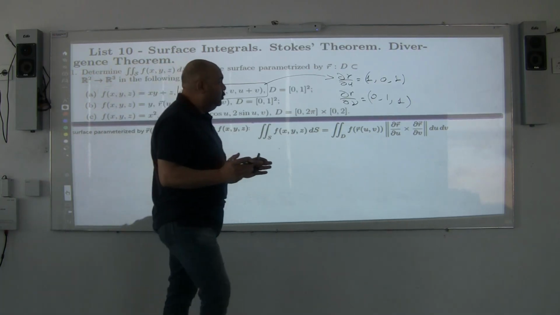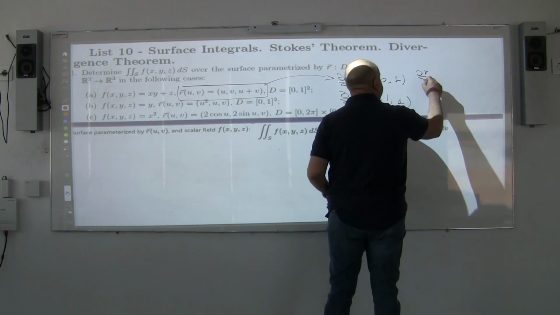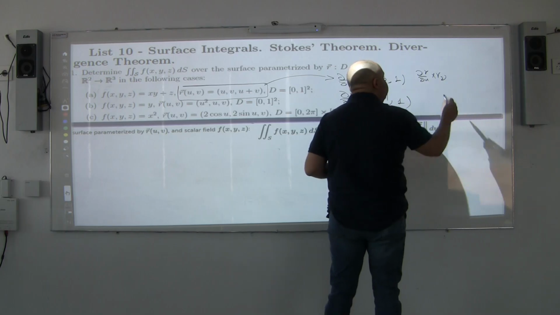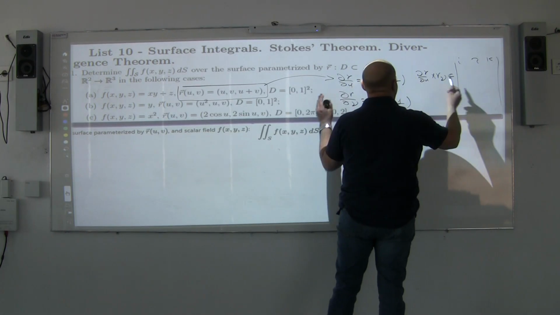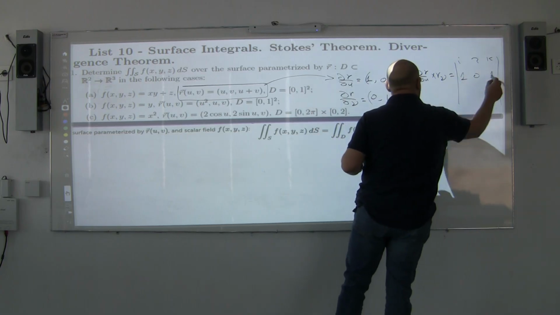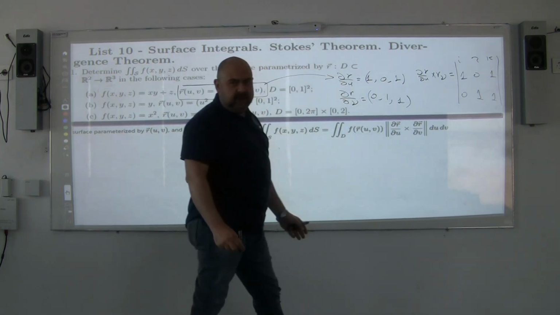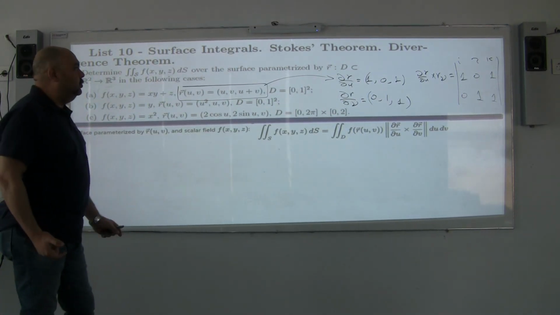Now all I have to do is find the cross product, partial r partial u cross r sub v. I can write it this way: i, j, and k, and start putting in your numbers. I'm sure you are very good at all of this. You have finished your course in linear algebra, so you are good to go.